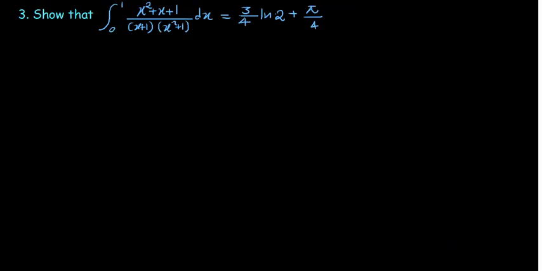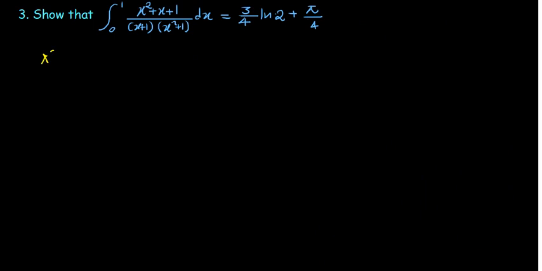Let's look at this one. Show that the integral of x squared plus x plus 1 over (x plus 1)(x squared plus 1) dx is 3 over 4 natural log of 2 plus pi over 4. So first we should break this into partial fractions.